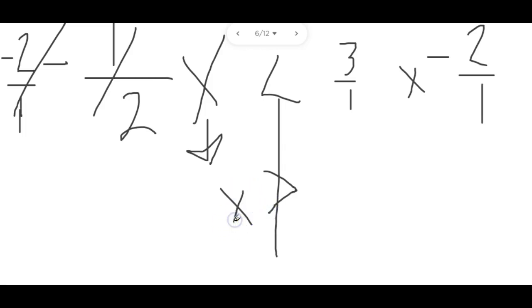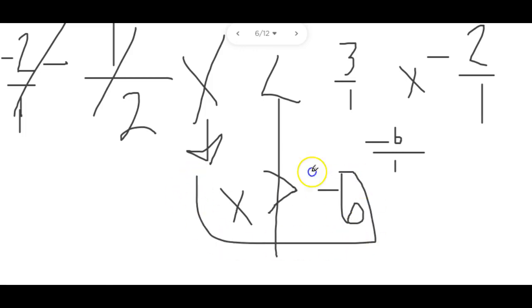X is here, and 3 over 1 times 3 times 2 is a negative 6, right? 1 times 1 is 1. So you're basically looking at a negative 6 divided by 1, which is basically negative 6. So the answer to this inequality is x is greater than negative 6. Any solution that's bigger than negative 6 will satisfy this inequality.